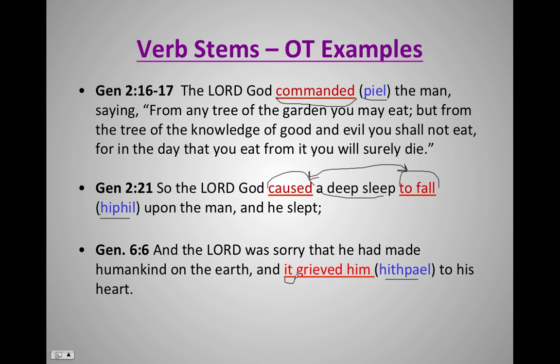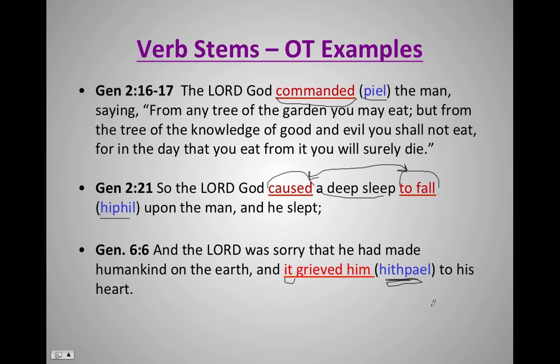And sometimes the nuances are a little difficult. It's difficult to see an exact reflexive thing going on where the subject is performing something on itself. Sometimes you almost see a repetitive type of action going on with a hitpael. It's a little difficult to tease that out in this case, but that just goes to show you that sometimes understanding the precise sense of some of these stems takes some reflection to consider what type of action is really going on and how the stem is informing that.